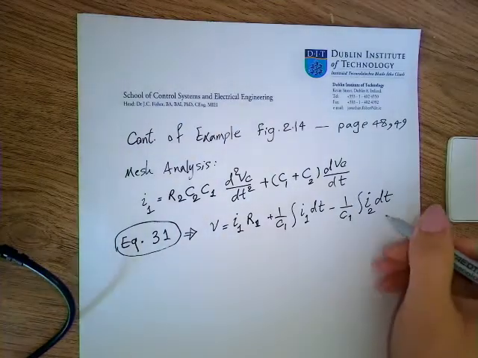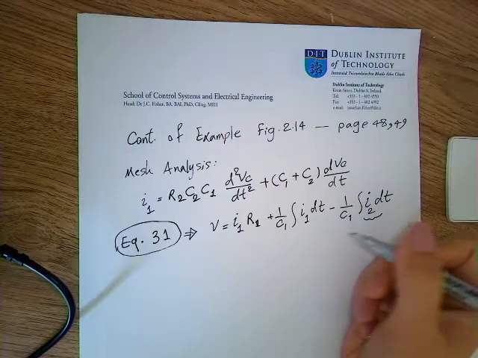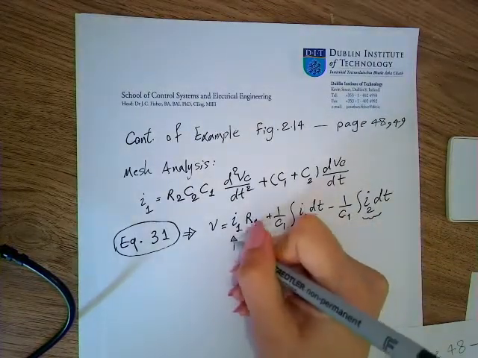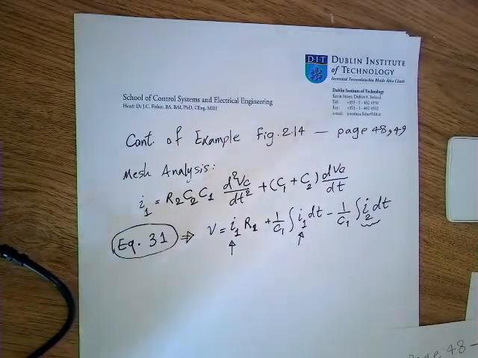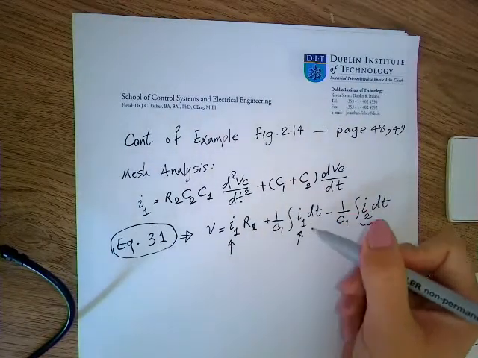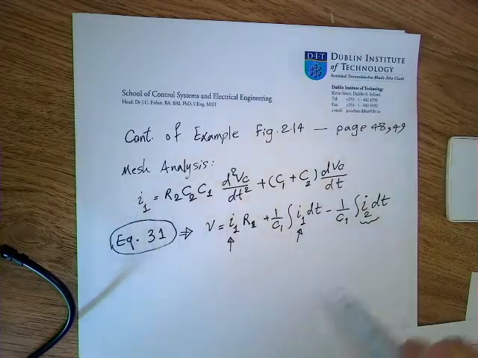Now I have the C2, and now I'm going to replace this one here and this one here. So for replacing the I1, all I need to do is to have a differentiation of that equation on the top.